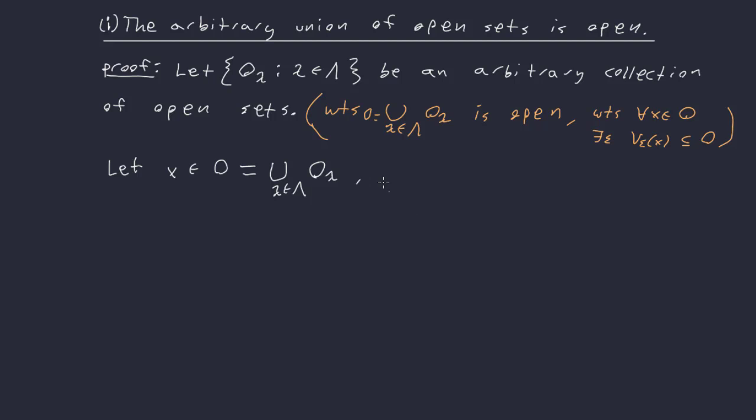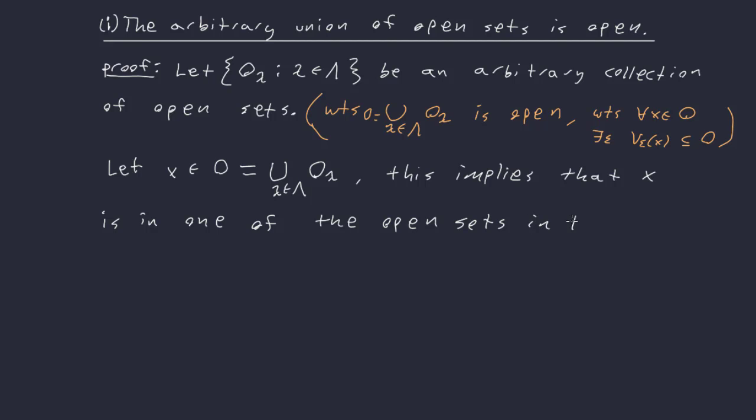So this implies that x is in one of the open sets in the collection, i.e., there exists a lambda star in capital lambda such that x is in O subscript lambda star.